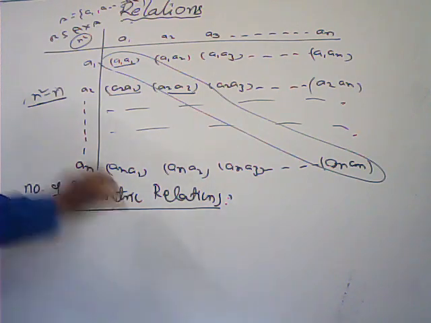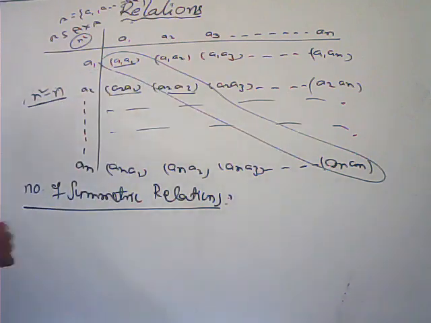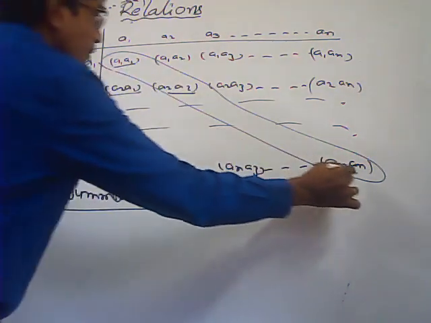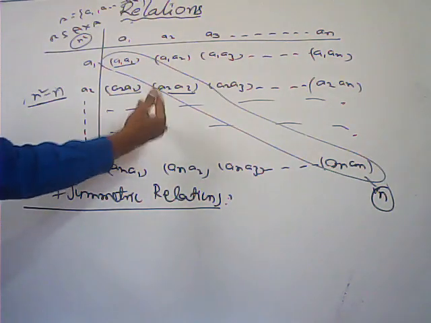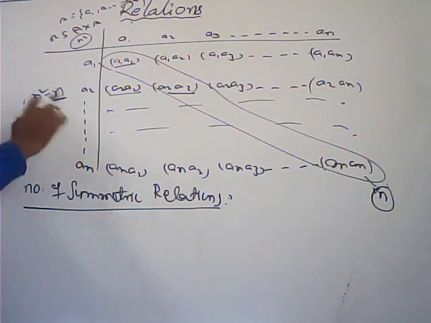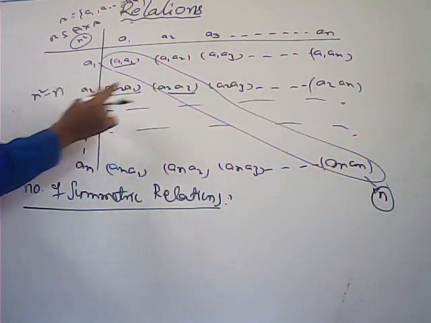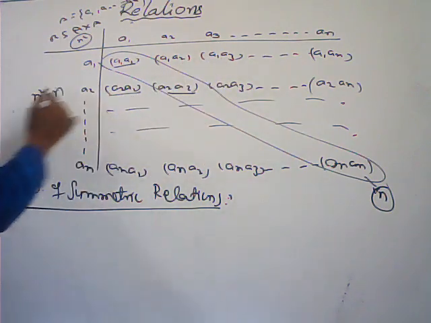Now symmetric relations. First you can see the diagonal elements. N elements are there. And this side, below the principal diagonal or above the principal diagonal, you can check that one. The rest of the elements, n square minus n, are there. Both the sides have an equal number of elements.